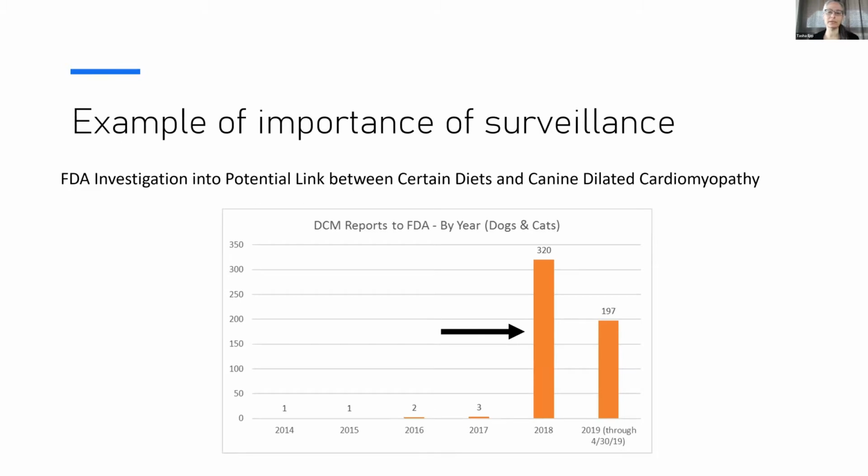So a really cool example that's come up in the last number of years would be the dilated cardiomyopathy outbreak. This was found through a system of surveillance and has resulted in some research projects, has resulted in further work from a surveillance perspective to try to figure out and learn what we need to do in order to respond to this.